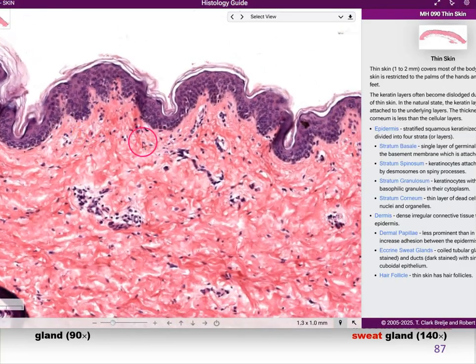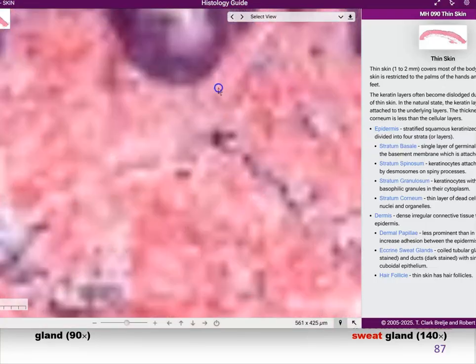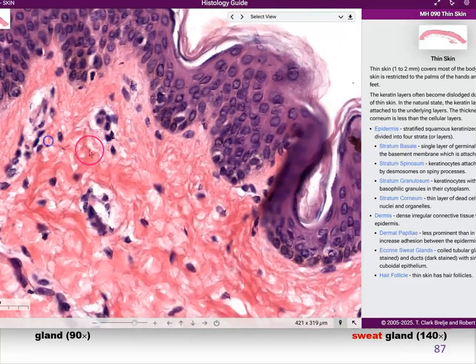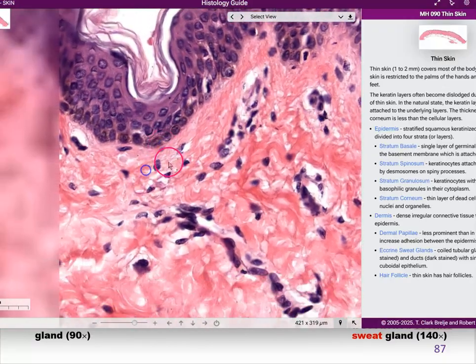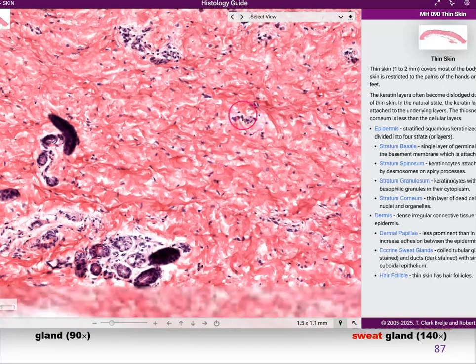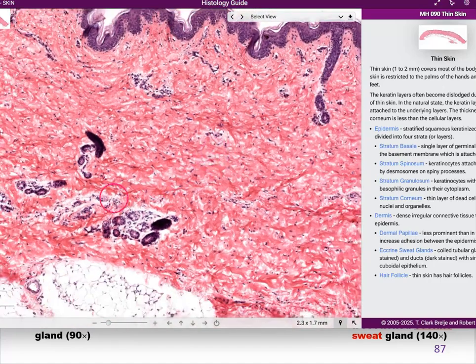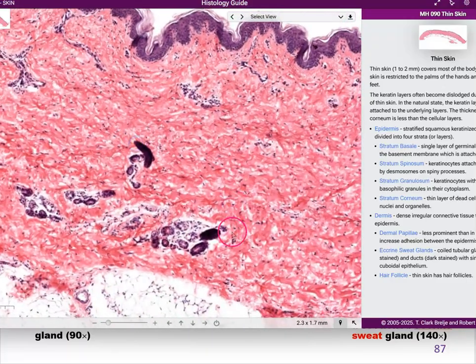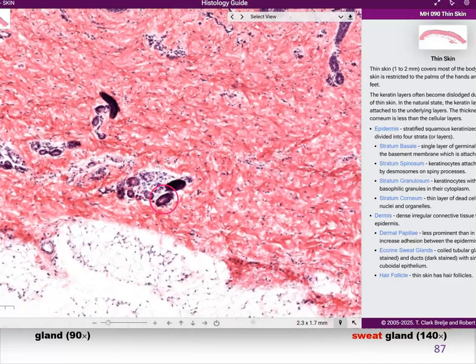Okay, great. Up against the skin, we see areolar connective tissue that quickly transitions into dense irregular connective tissue. And thin skin is going to have more of things like eccrine sweat glands.